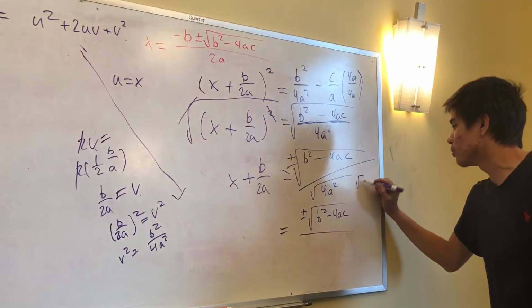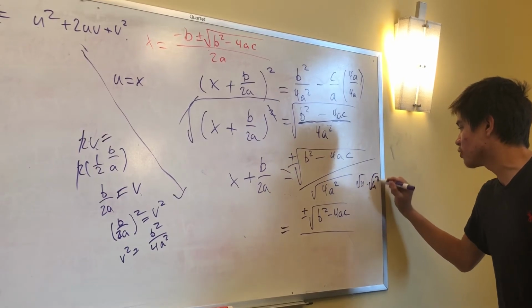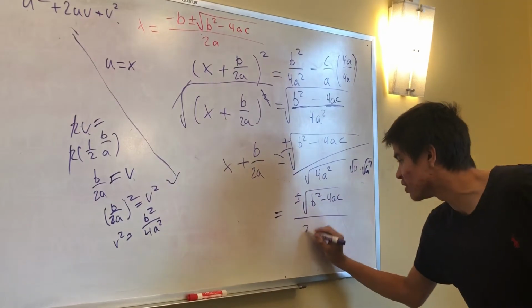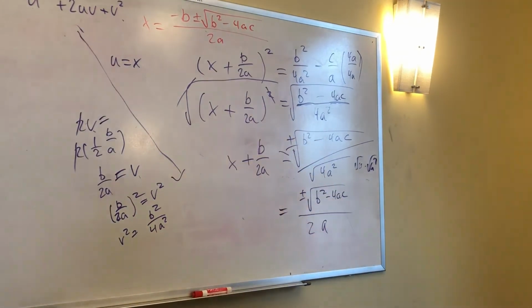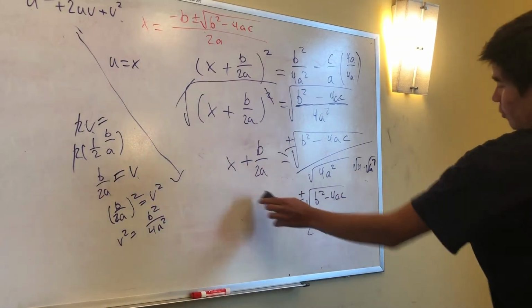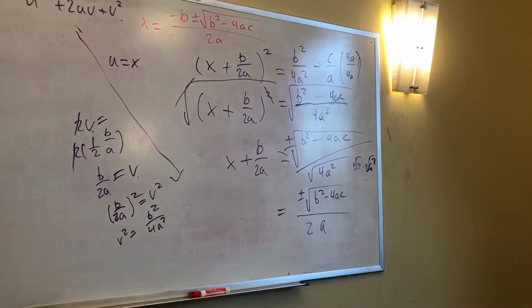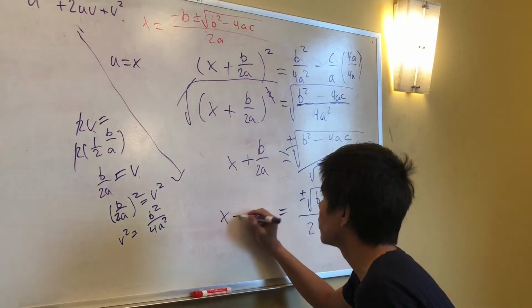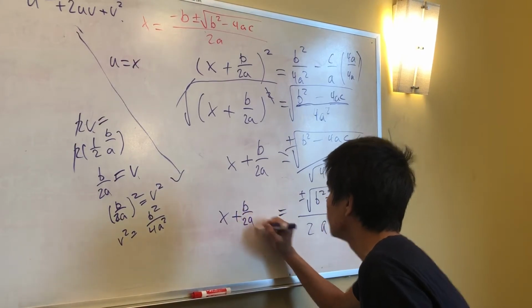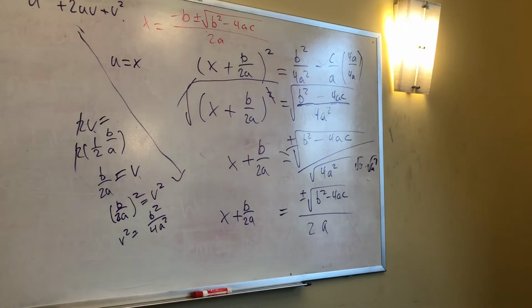Well, that's the square root of 4 times the square root of a squared. Square root of 4 is 2. Square root of a squared is a. Now we have b over 2a and all of that over 2a. So we can move that to one side. So we have x plus b over 2a is equal to that.